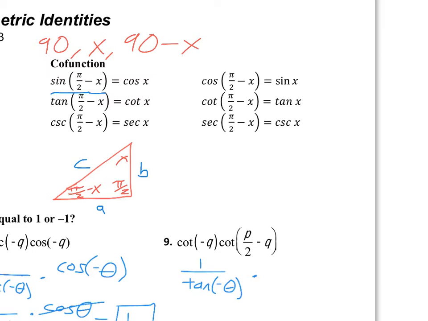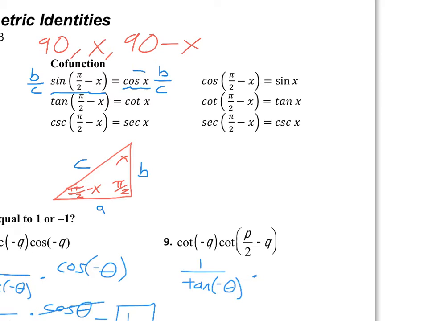Sine would be the opposite over the hypotenuse, so this would be B over C. Now let's find cosine of the top right angle. Cosine is adjacent over hypotenuse. We see a B on the adjacent side and a C. So notice those are equal. They're both B over C.